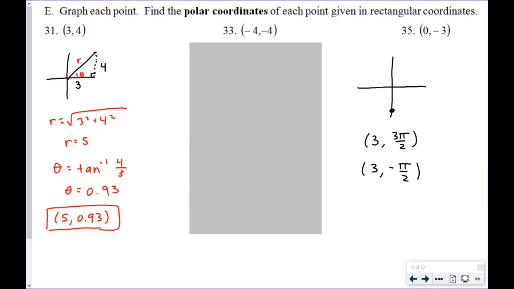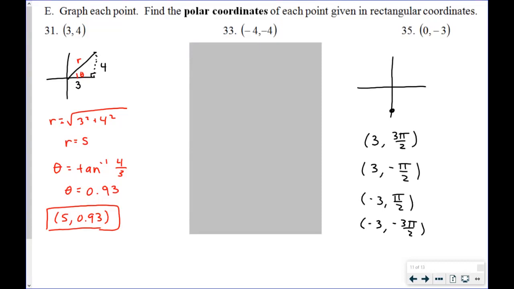I would take that: (3, negative pi over 2). I would also take (-3, positive pi over 2). Technically, (-3, -3 pi over 2) is also the same point. Asher, you have to list all 4. Everybody else can pick 1.